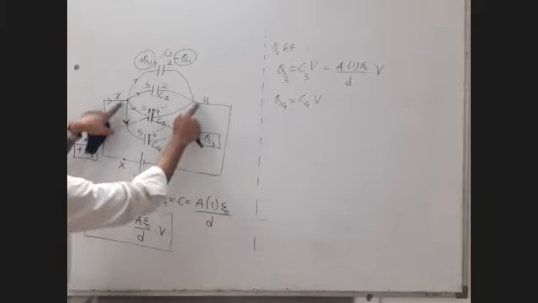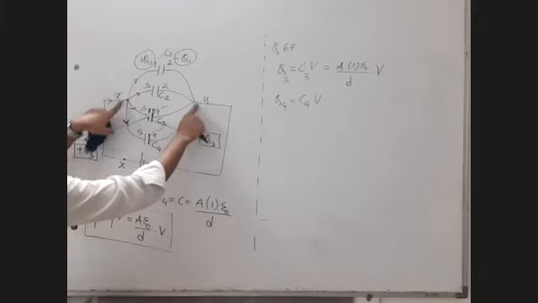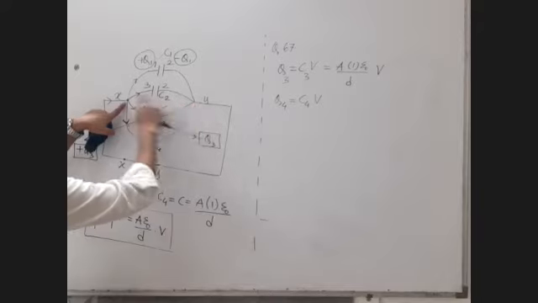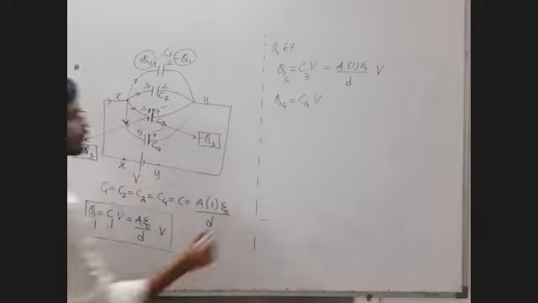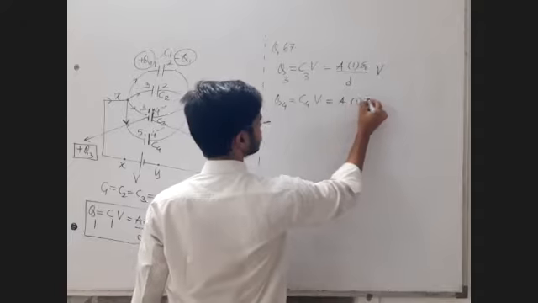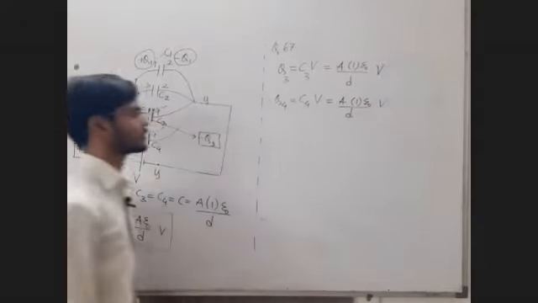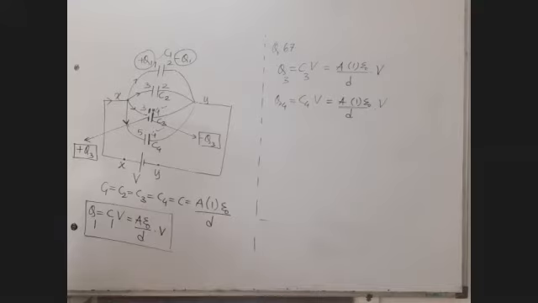V is available here. Point Y is Y, point X is X. So this potential difference is equal to V. It is equal to A, K is 1, epsilon 0 upon D into V. That will remain as it is. Okay, fine. Now this plate will store plus charge, plus Q4.